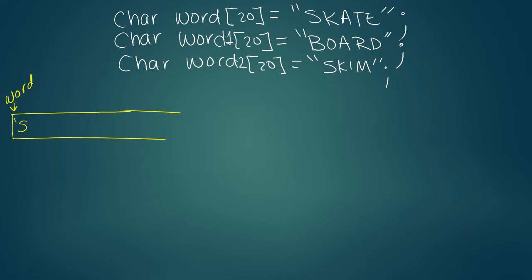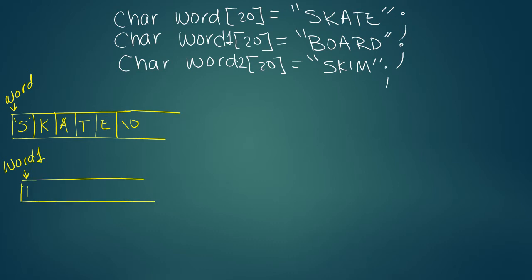And just to make it cleaner, we do know that each one of these characters has single quotations, but I'm just going to put the letters without the single quotations just to make it easier to read. And I have word 1. This word is board.